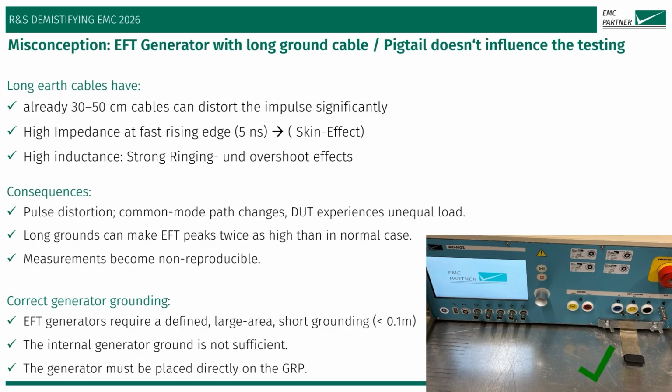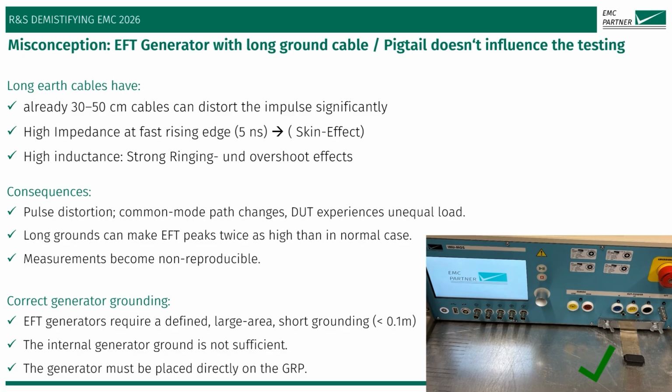That's why, according to the burst standard, EFT generators must be well grounded and placed directly on the ground reference plane, and an additional large area grounding cable, as you see in the picture, must be implemented. This ensures stable, reproducible, and comparable test results between different laboratories. Proper grounding is therefore essential to obtain reliable and standard compliant burst immunity test results, and it's very important for verification.